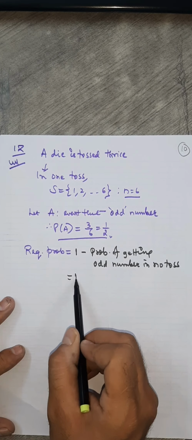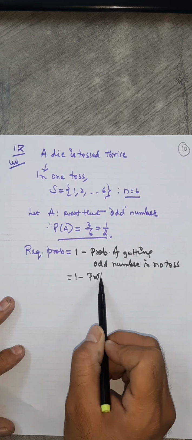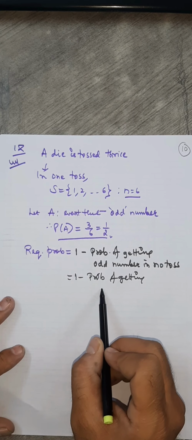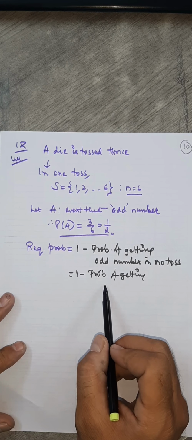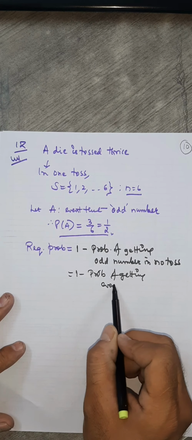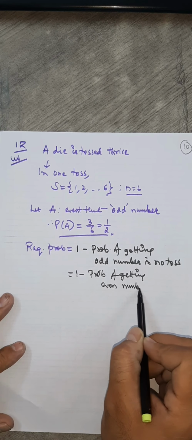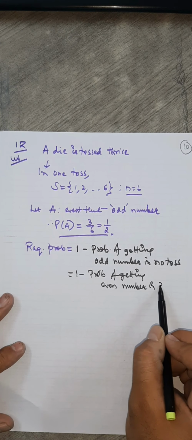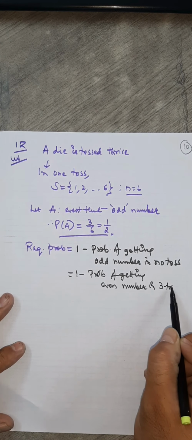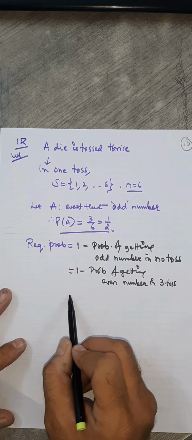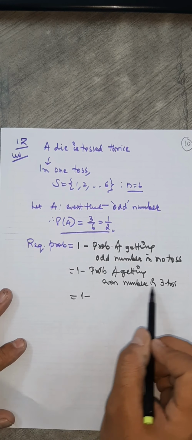I've used the concept of complementary event. It is as good as the probability of getting an even number in 3 tosses. So 1 minus even number in 3 tosses.